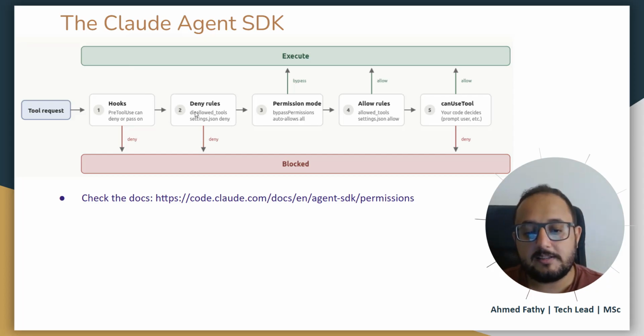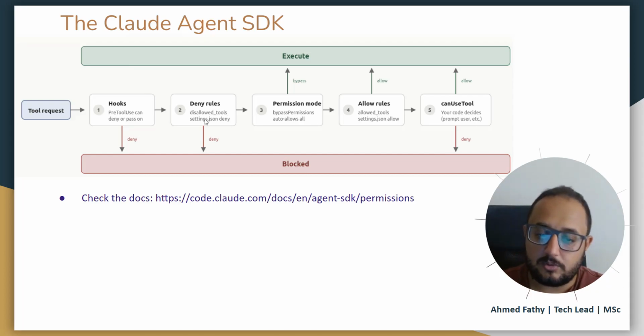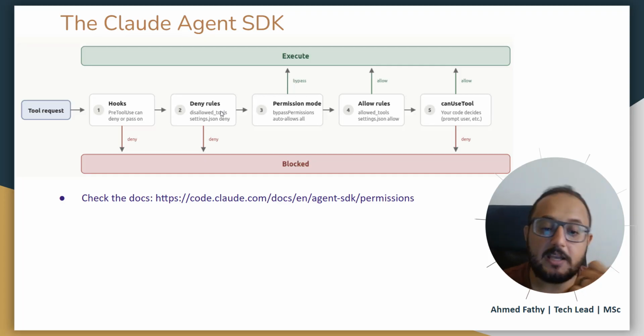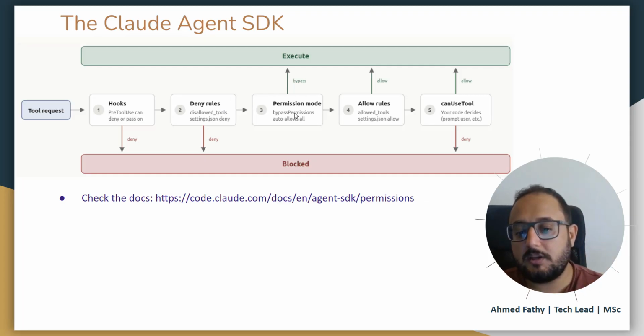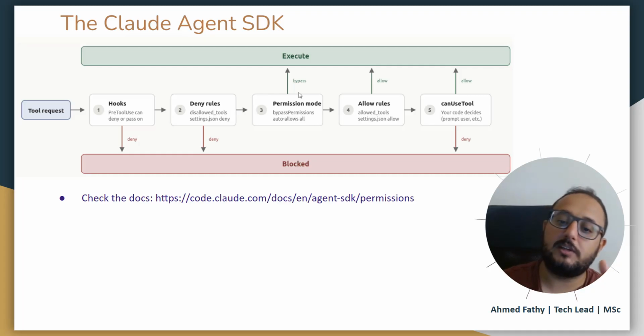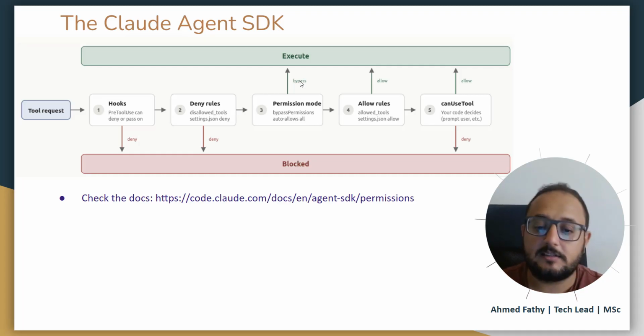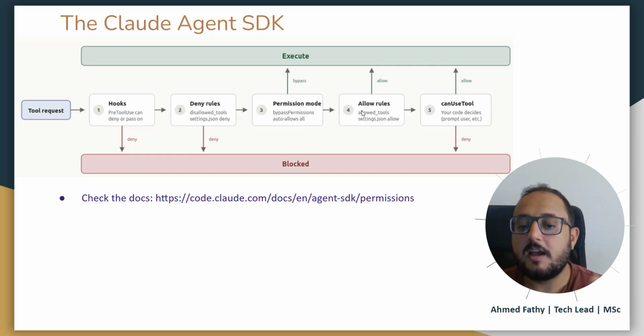If the tool is in the disallowed tools or settings.json deny list, you deny, and that's it. You don't pass into the next one. But if it is not in the disallowed tools, you check the permission mode. If the permission mode is bypass or accept edits, and the tool is an edit-like tool, then you just execute and you don't pass in.